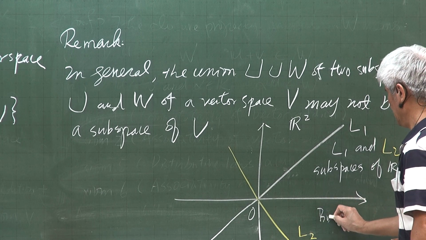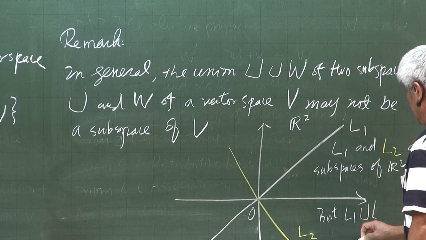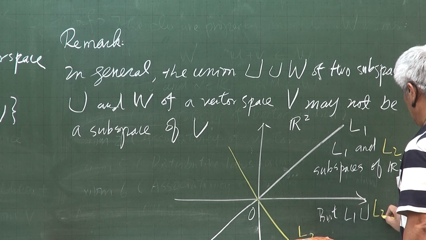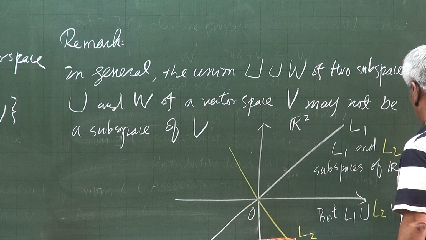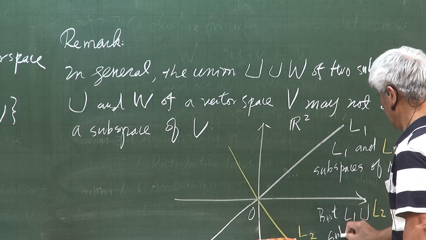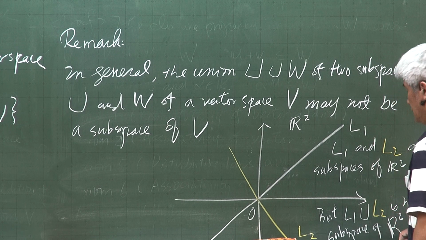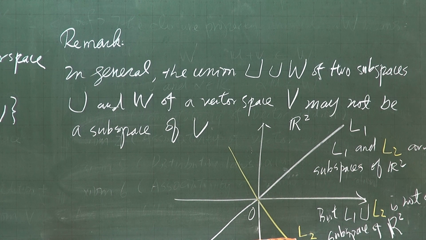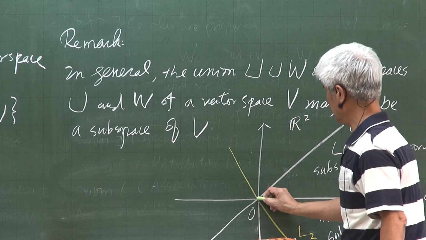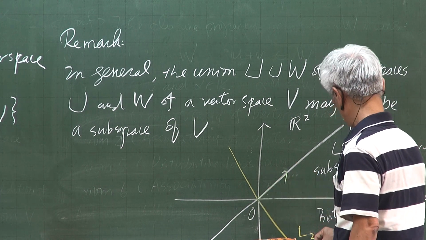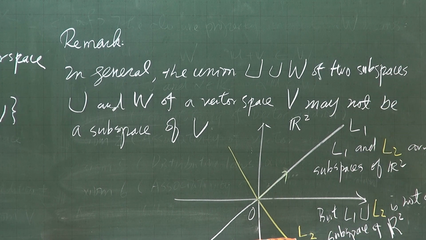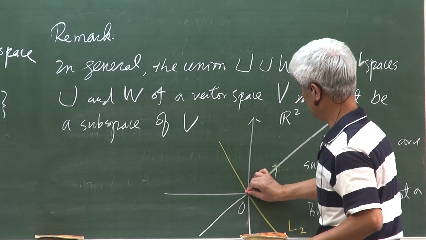But the union is not a subspace of R2. Why? Well, if you add two vectors there, for example, you add this vector and this vector here.